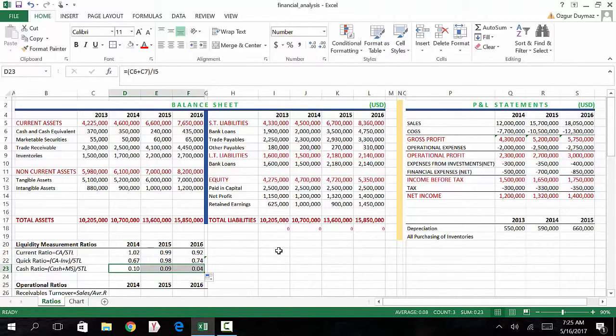It should be at least 0.20. But look at the last year. It's 0.04. I can say the company's cash position for paying short-term liabilities is not good enough.